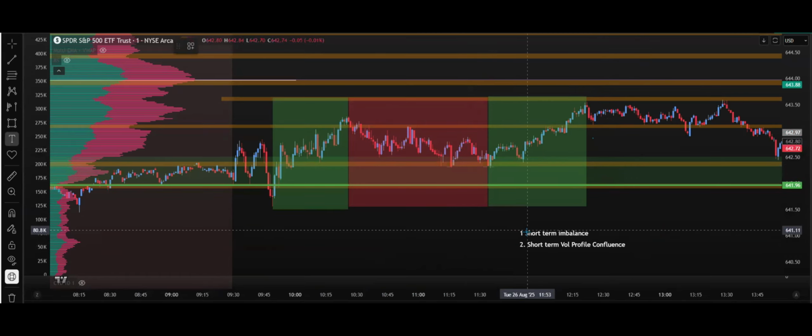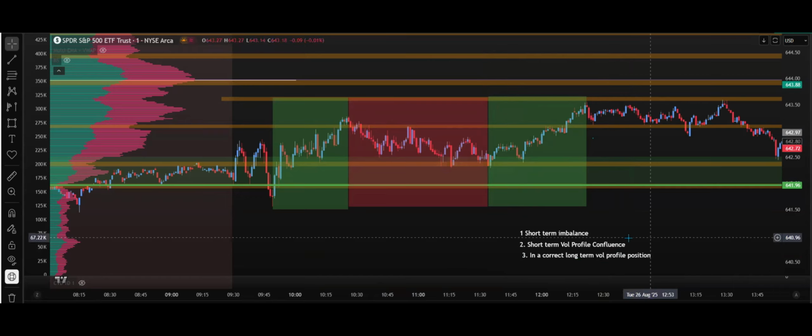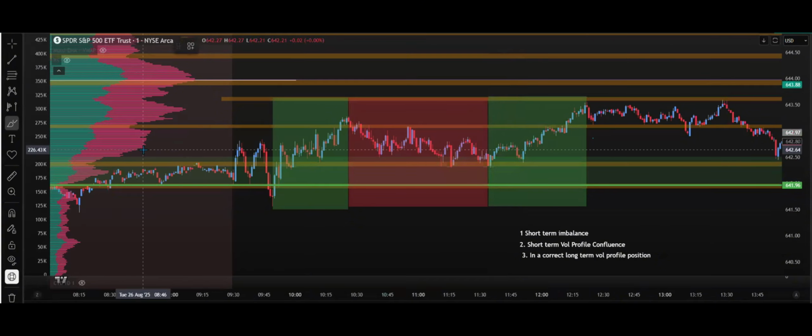What's the third thing that I need to actually take a trade? Being in a correct long-term volume profile position. Now, this is the long-term volume profile. And remember, we really only want to go long at the bottom of high volume nodes. So let's say price is here, and it supports this low volume node.